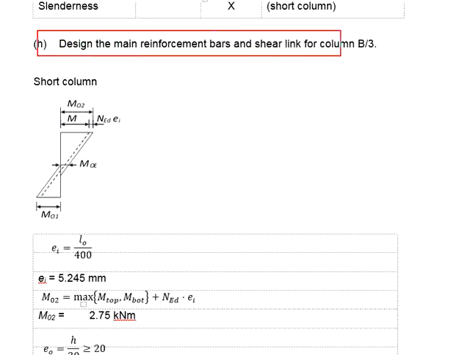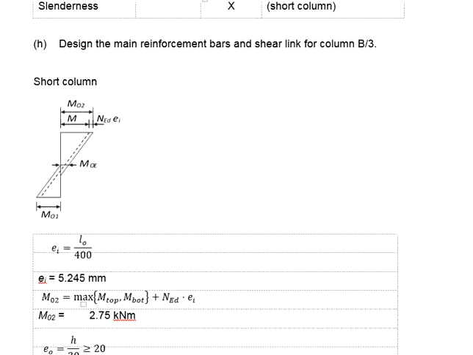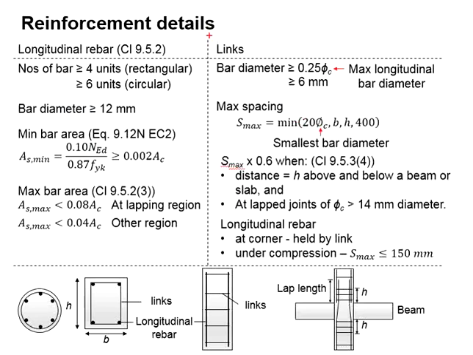Coming back to the question here, we have done calculating the reinforcement bar. Our next step is to determine the shear link. You may refer to the slide here. These are the requirements for the shear link.